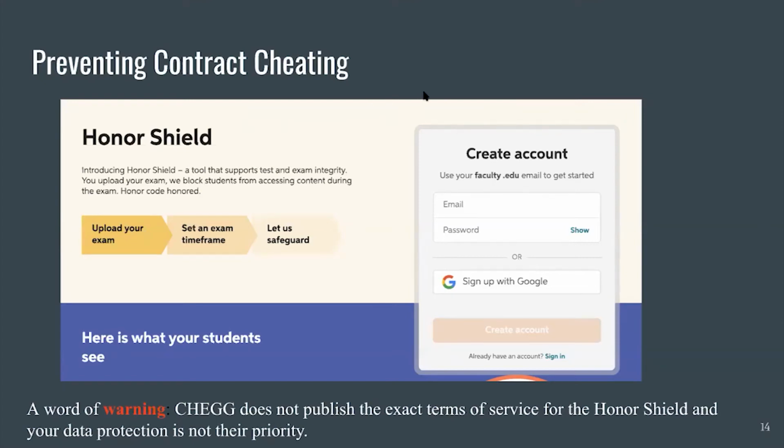Okay. So they have something called an honor shield where faculty members can choose to upload their exam and let Chegg know what day and what time it's going to be going. And then Chegg will block those questions from being posted during that time frame, which sounds okay, possibly. But from what I've read, number one, you can get around it because they'll let students post with any minor variation on the question so that it's not exactly the same.